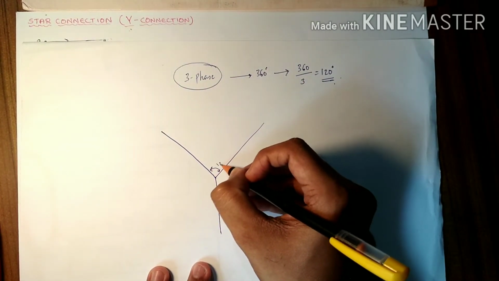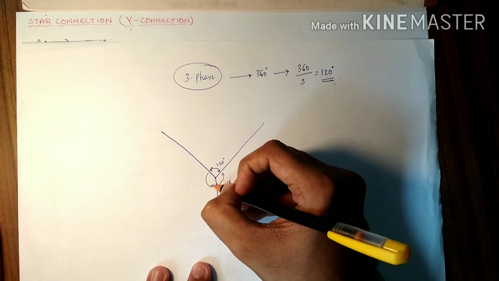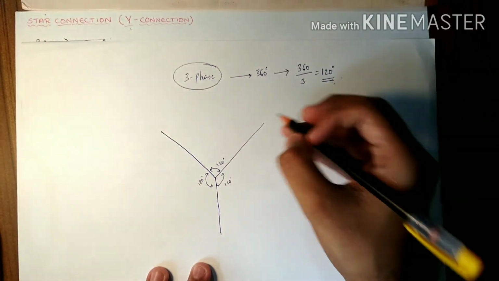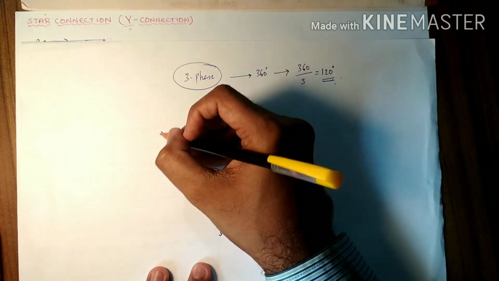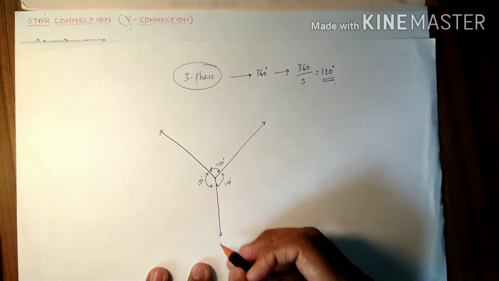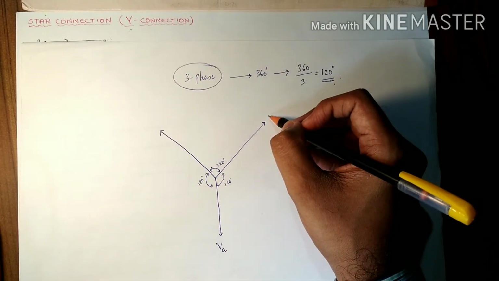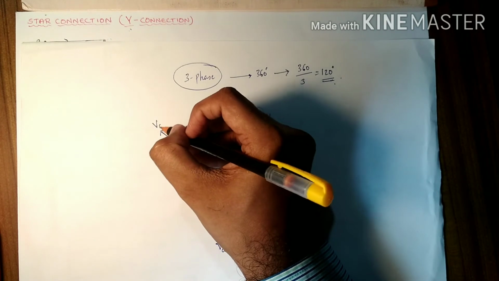So this is 120 degree. This is also 120 degree and this is also 120 degree because each is divided by 3. So 360 by 3 is 120 degrees, right? So now let me take the phasors in anti-clockwise. Means let this be VA, then let this be VB and let this be VC.